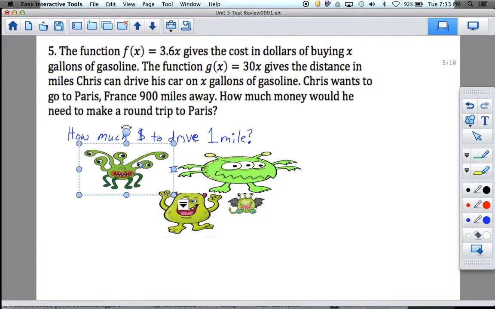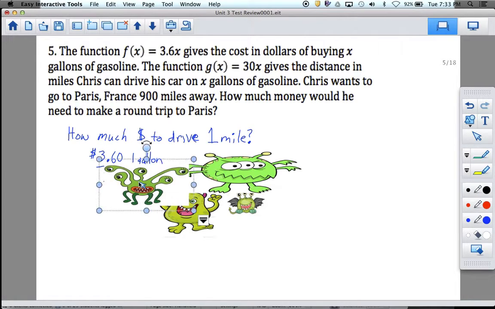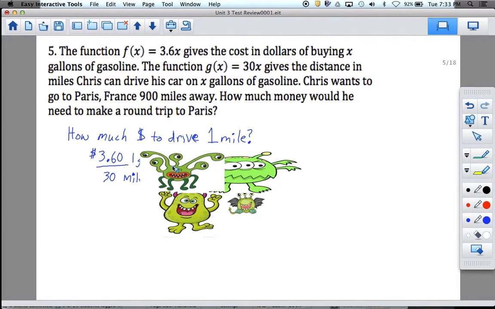Okay, you want to know what the costs are. To do that, it may not be readily apparent on here. But if it costs $3.60 for 1 gallon of gas, and you can get 30 miles on a gallon of gas, then you're going to take the $3.60 divided by 30.